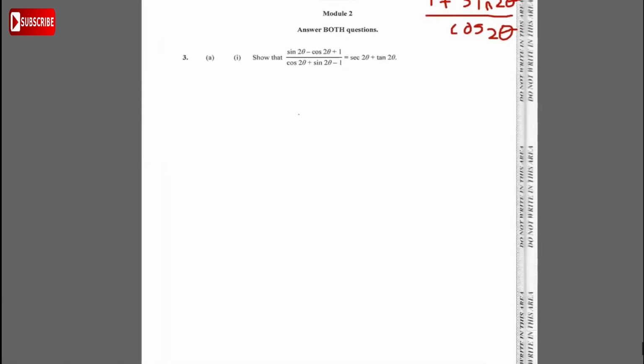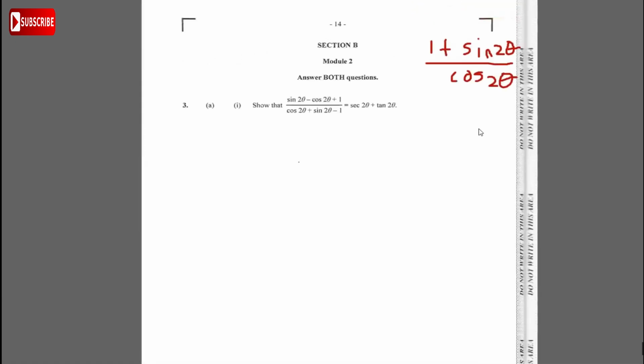So let's see how we can simplify this best. Typically we want to start with our left-hand side. Now we're going to substitute in the identity for sine 2 theta. Sine 2 theta is 2 sine theta times cosine of theta.